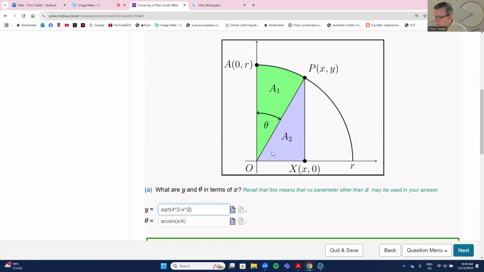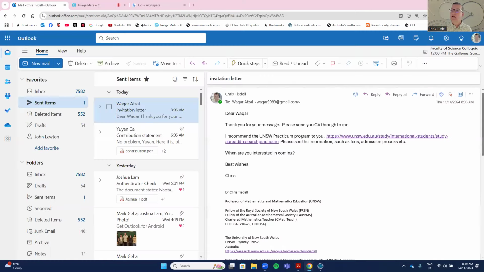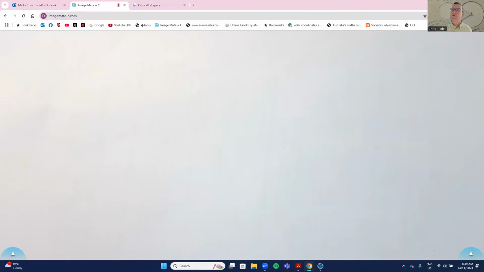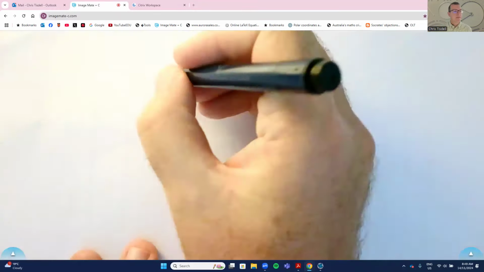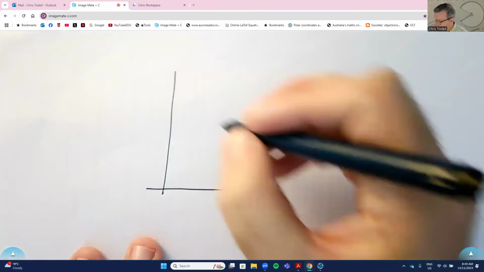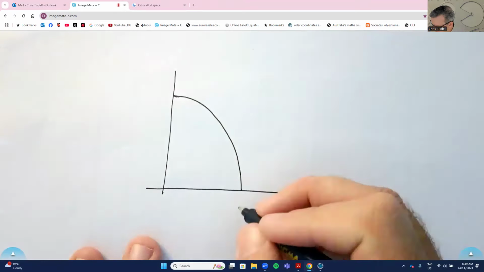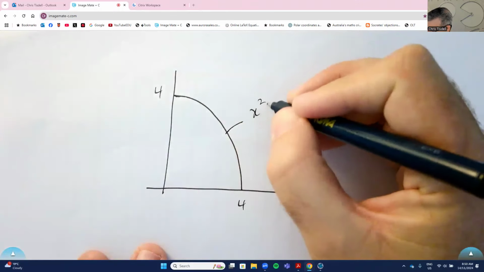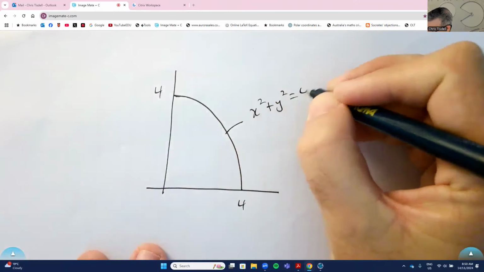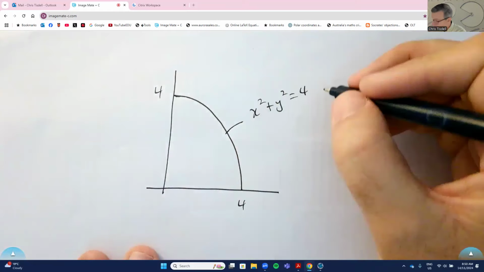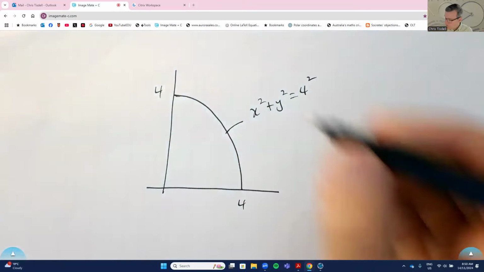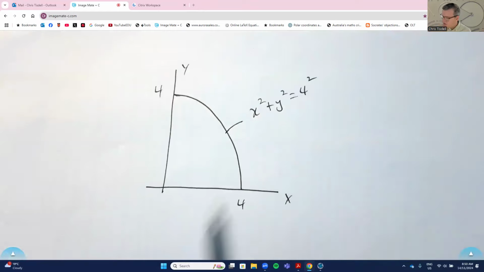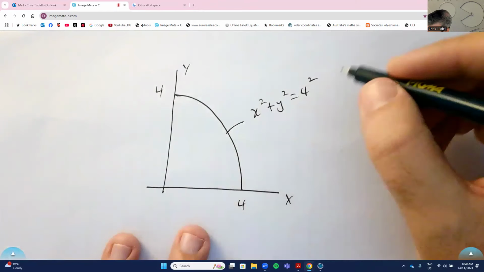Let me draw you a little picture, and I can show you what's going on. So in this example, we've got this 4 and 4. This is part of the circle x squared plus y squared equals 4 squared, and of course y is greater than or equal to 0.